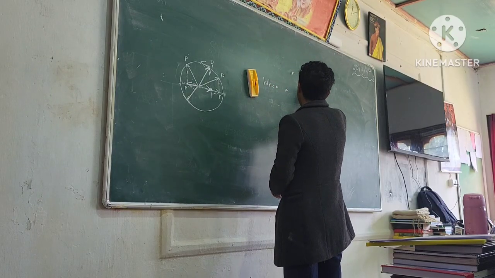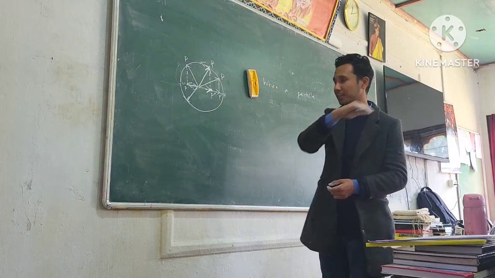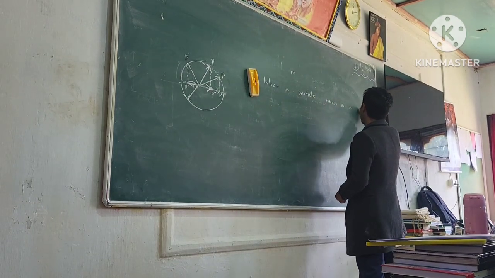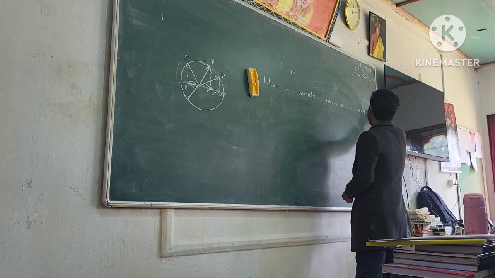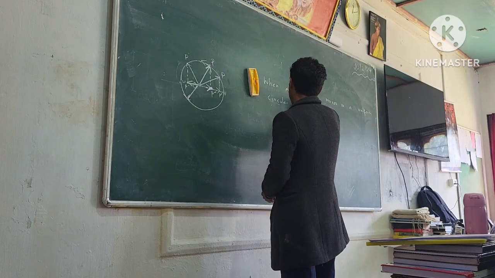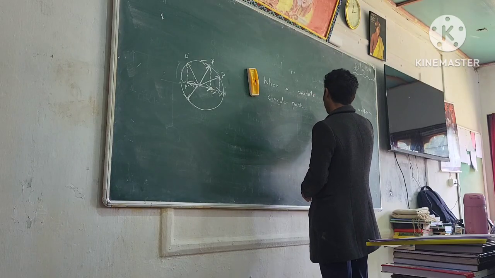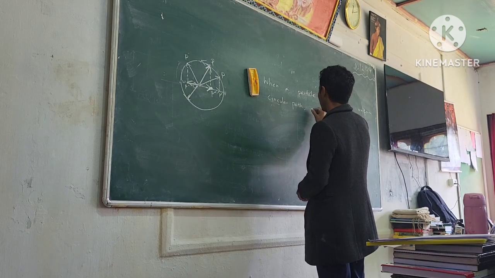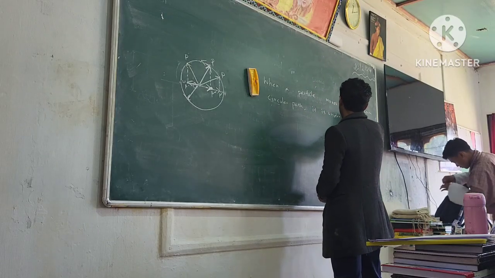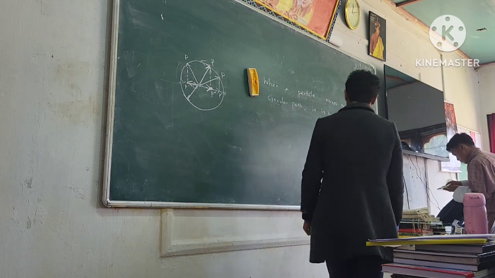Sir, we should draw that. If you want to draw, it's fine. Otherwise, the drawing is there in the book also. When a particle moves in a circular path, it is under uniform circular motion.